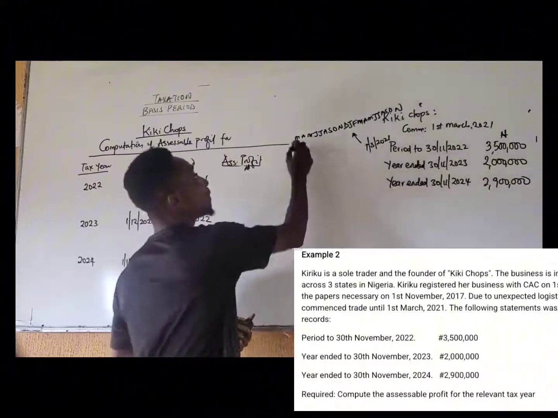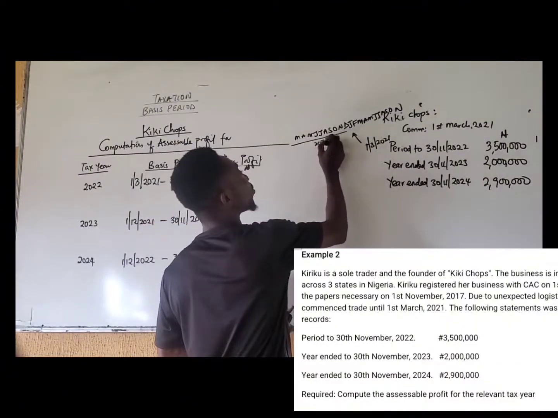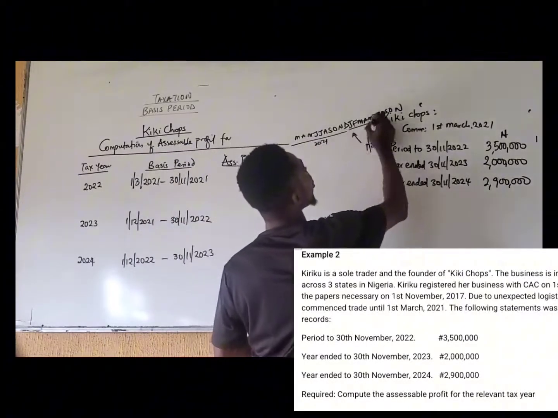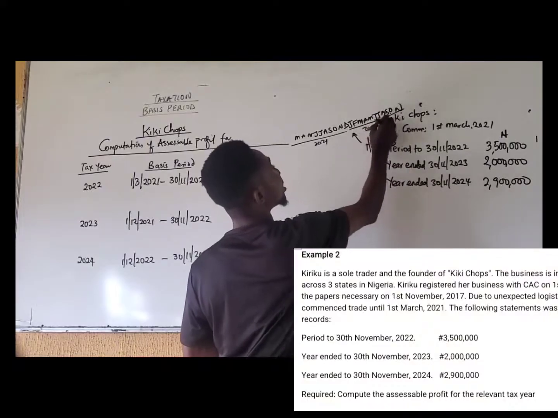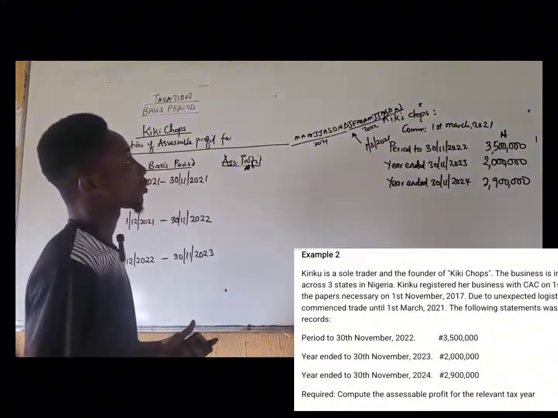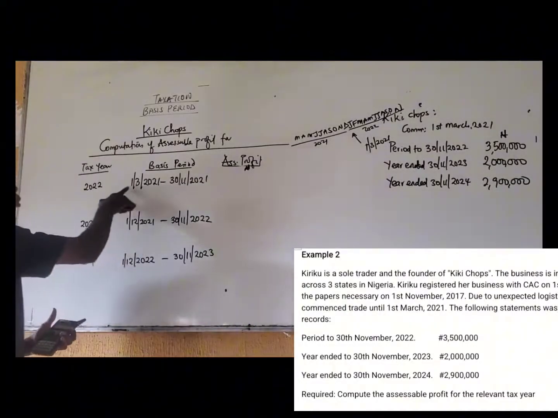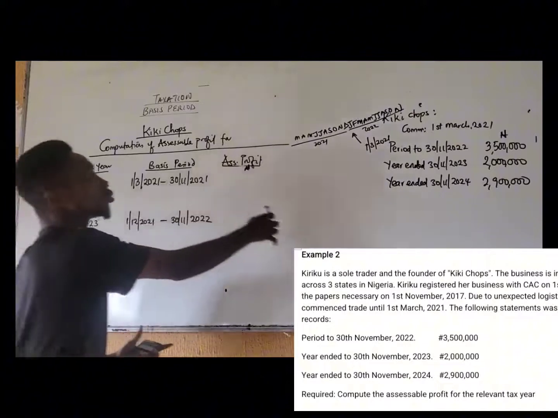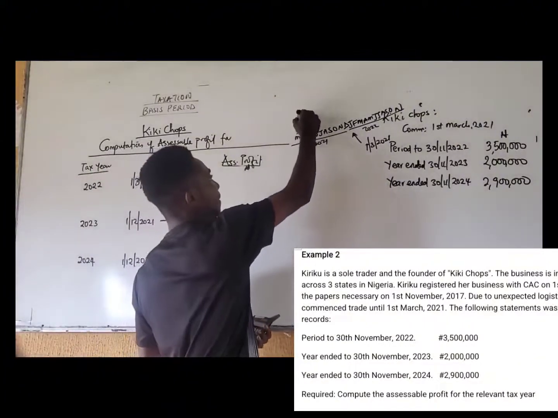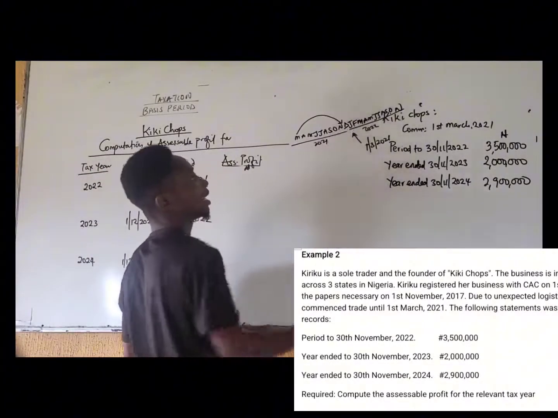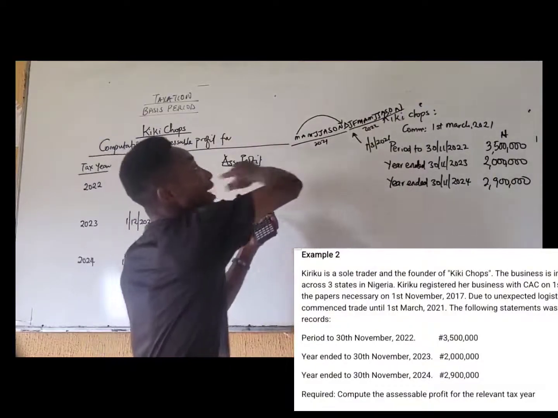So you see, from March 2021 to November 2022, a period of 21 months. And we're looking for where? We're looking for March 2021 to November 2021, March to November. And we're given a total of 21 months period.